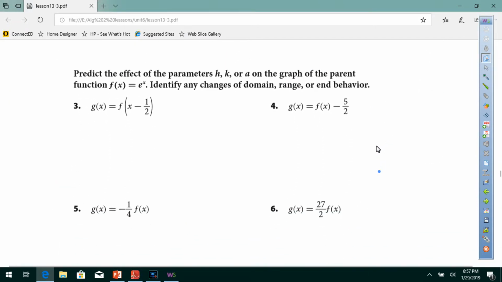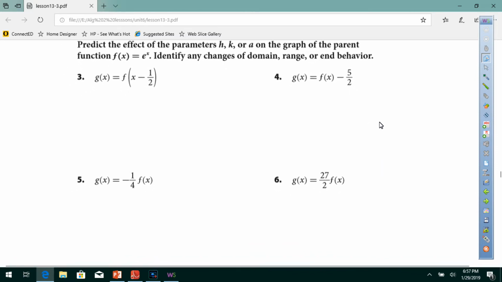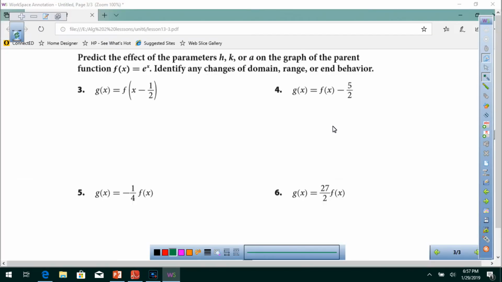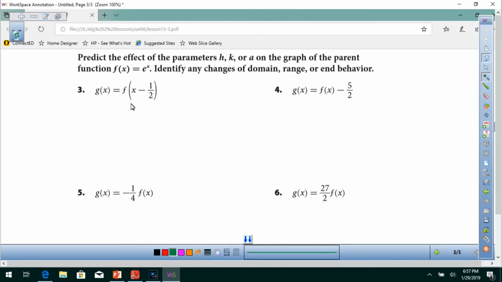Number 3. Predict the effect of the parameters h, k, or a on the graph of the parent function f of x equals e to the x. Identify any changes in the domain, range, or end behavior. All right, in this particular case here, h equals 1/2.